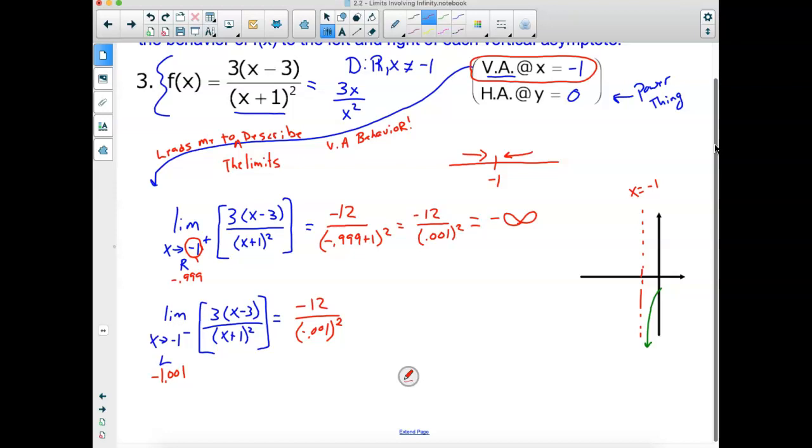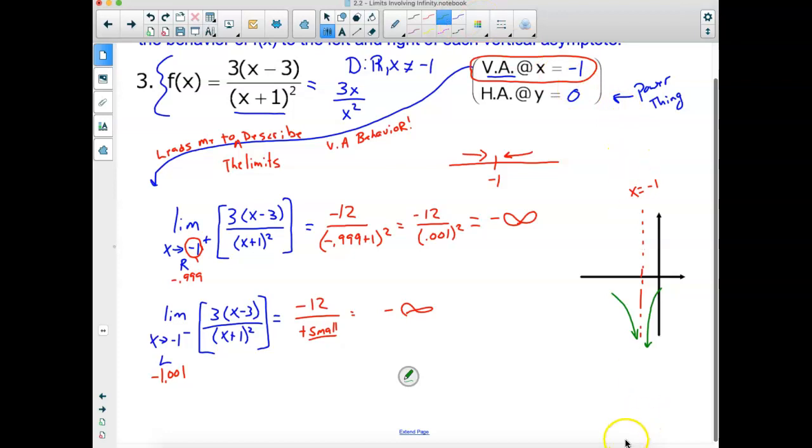When I write these out, I do all the denominator in my head, so I'll have -0.001 squared. That's positive small. And when I take -12 divided by positive small, that gets really big because the bottom's getting smaller and smaller, and it's still negative, which tells me when I look at this graph, the left side is also crawling down.